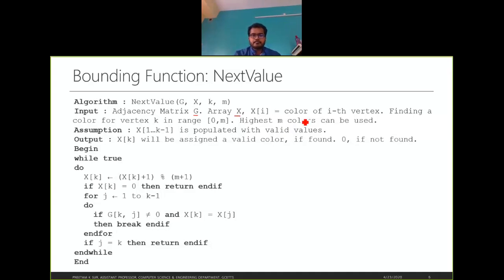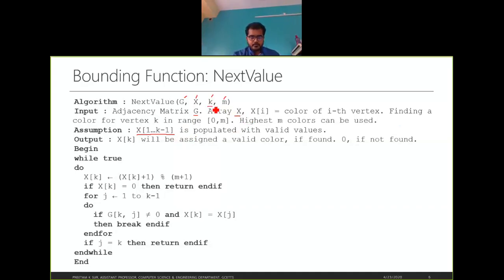This function takes the adjacency matrix, the solution vector of size n, and k, the vertex we are going to color, and m, the number of colors available to you. We are assuming that x1 to xk minus 1 is populated with valid values. This is the property of the backtracking algorithm.